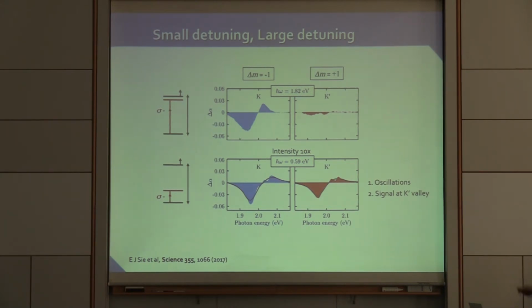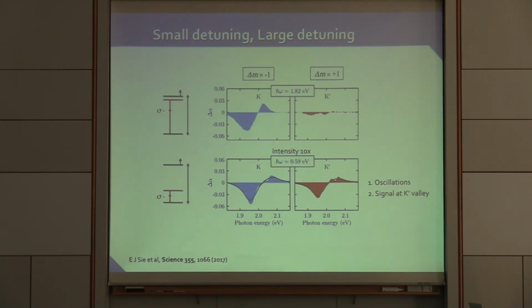Now, I did this, and then I went to the forbidden area. So we see a shift at the K value, and we also see a shift at the K prime value. Now, this happens after we increase the pump intensity by 10 times, of course, because we have lowered the energy so much. Okay, two things that we see, to be explicit. First, we see some oscillations in here, right?